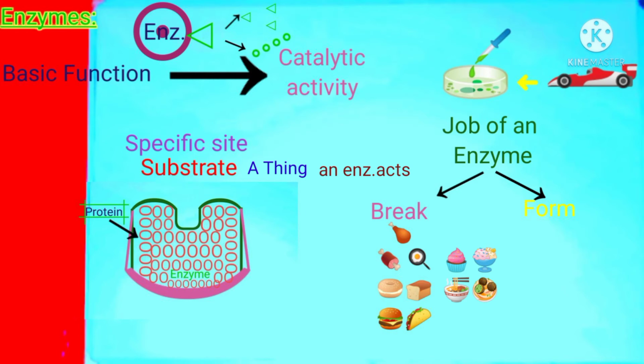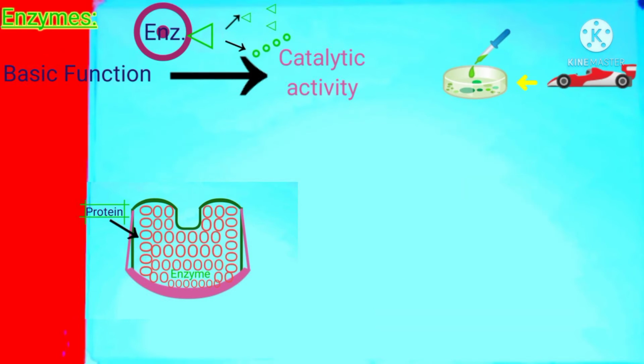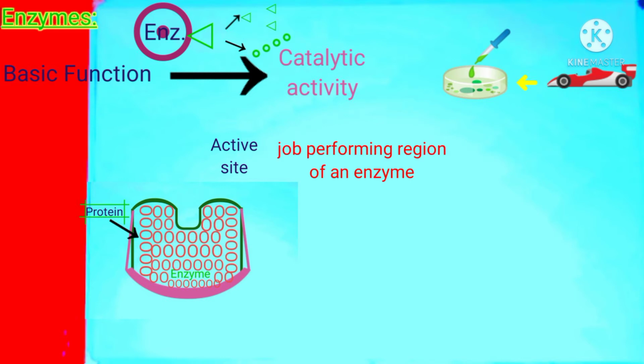Here a question emerges in our minds: which place on the enzyme is where a substrate will be attached? The name of this site is the active site. Active means function performing and site means place. So this active site is the function performing place of an enzyme.